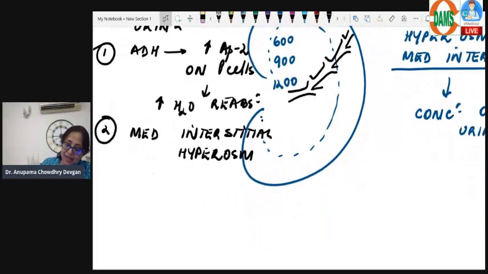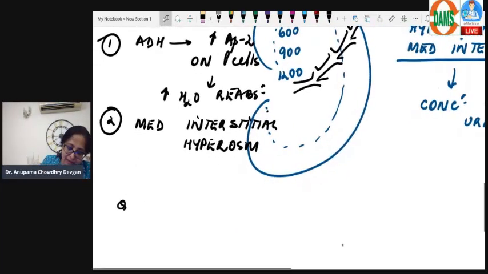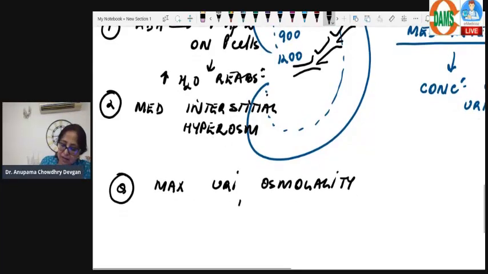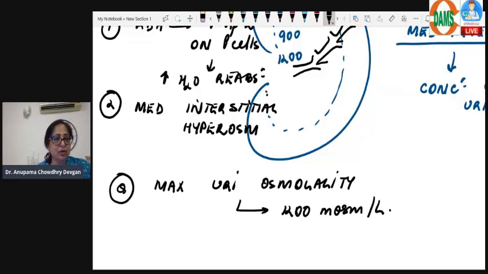So that means, what can be the maximum urinary osmolality? What is the maximum urinary osmolality that can be achieved? Maximum urinary osmolality will be 1200 milliosmoles per liter. Urine can never be more concentrated than 1200.